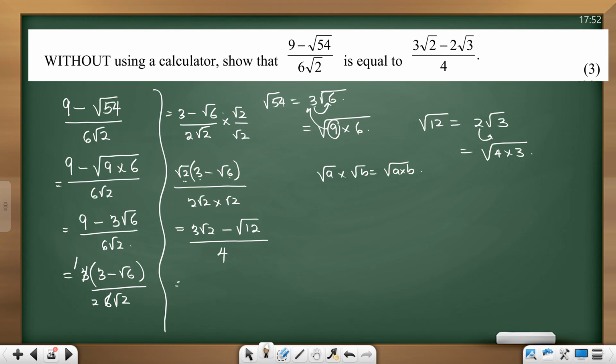Show the examiner that you did that, because you're looking for a perfect square. The square root of 4 is 2, so 2 root 3. Done. That's what they want us to show. I hope you learn my cheat. It will just help you.